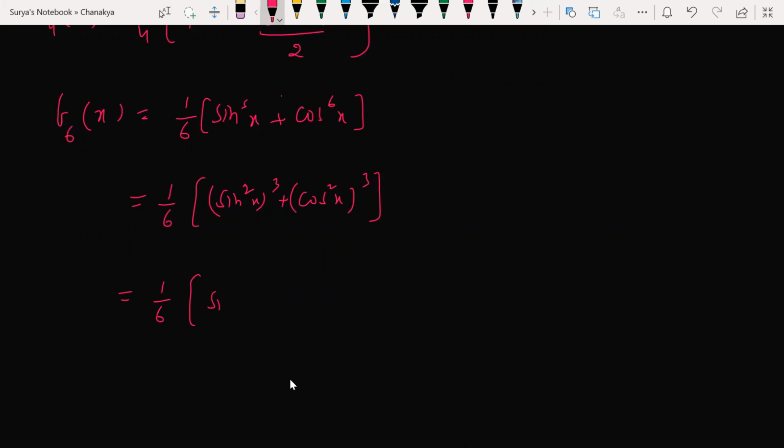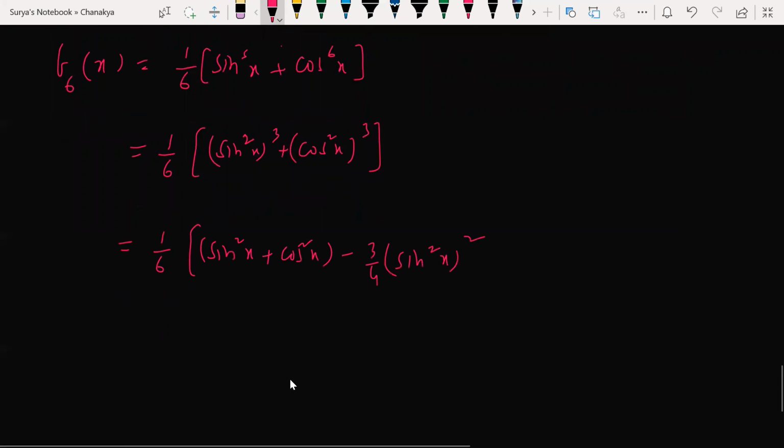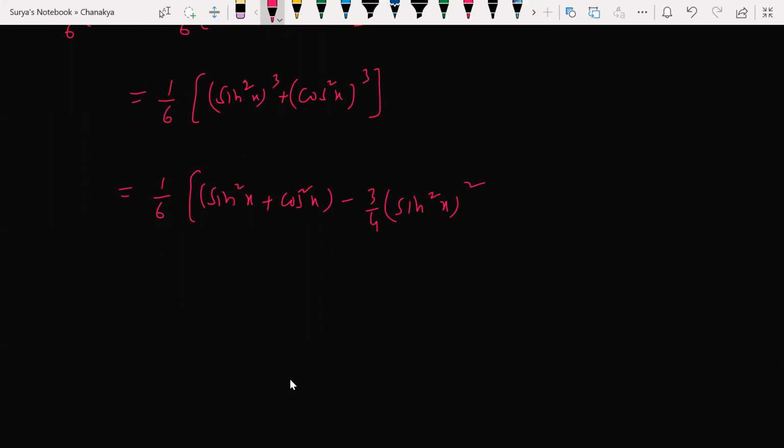So can I write like this? Sin square x plus cos square x minus 3 by 4 times sin square x whole square. Observe this properly. So this is what you are going to get after this: 1 by 6 times of 1 minus 3 by 4 times of, sorry, sin square x into cos square x, right?